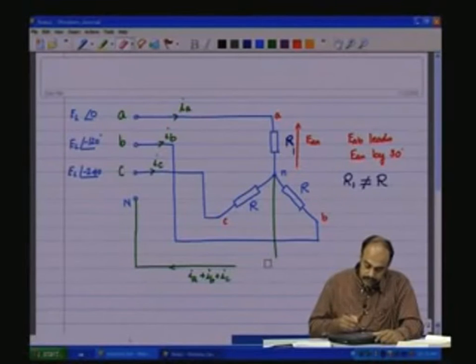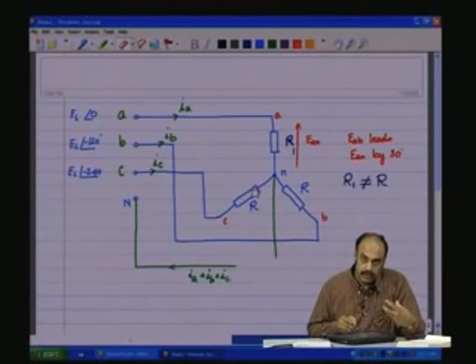So, therefore, what happens at this point, the summing point junction, Kirchhoff's current law states that the sigma IA plus IB plus IC should be equal to 0, which means the excess current should get divided into the other two phases.